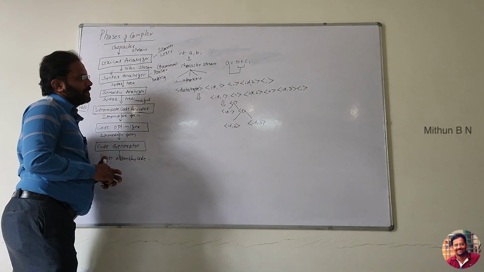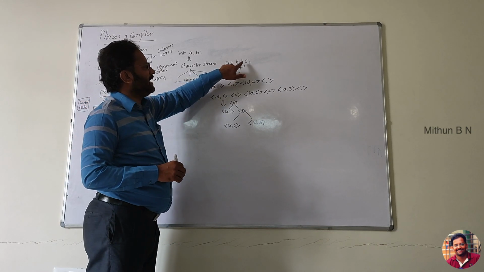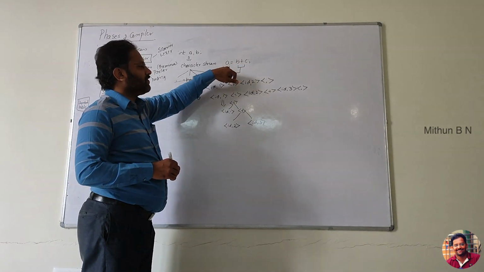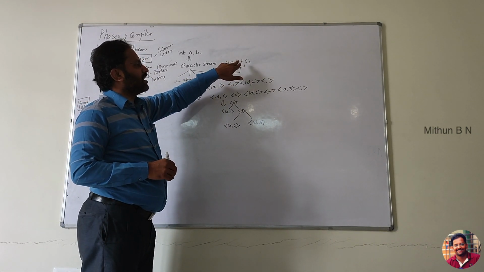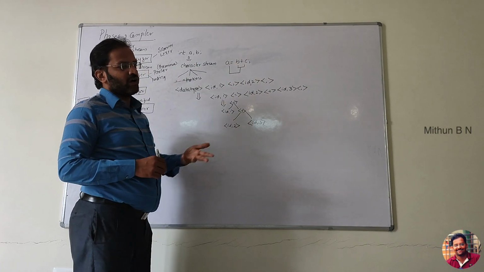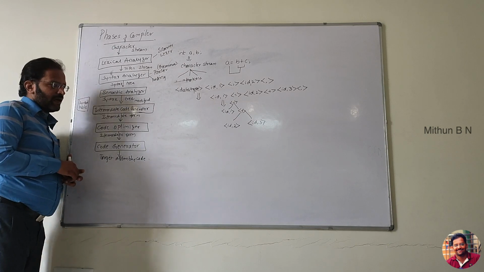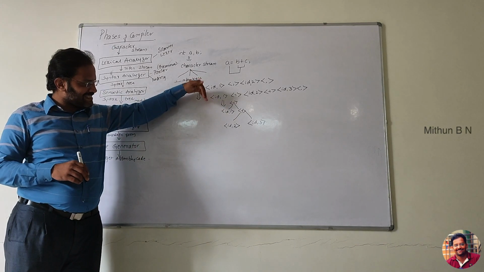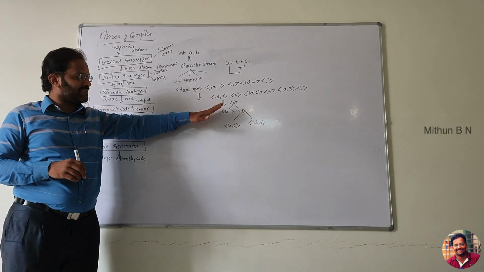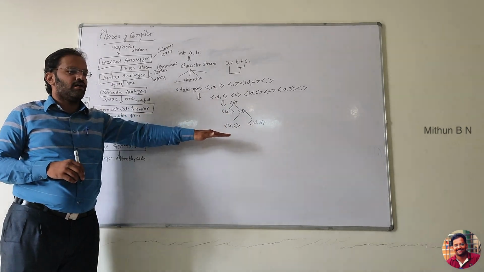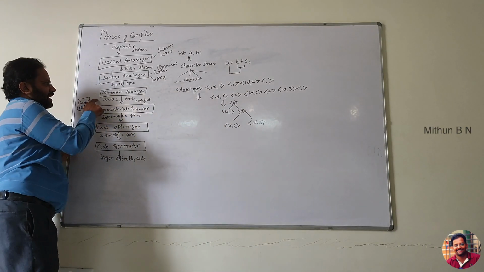Say for example, with the same example, if B and C are integers and A is real, then you may have to convert B and C to real, or A to integer, whatever. That type conversion happens in the semantic analyzer, where it modifies the same syntax tree we obtained.